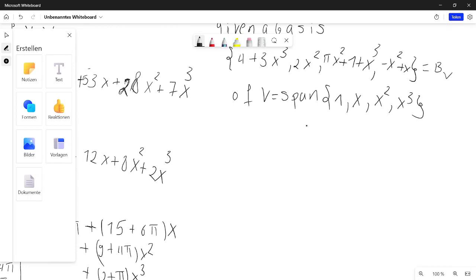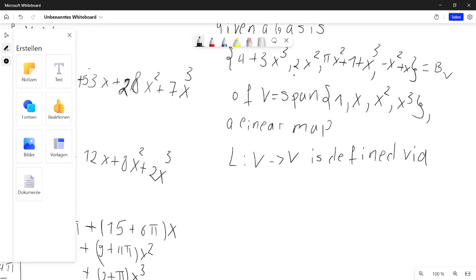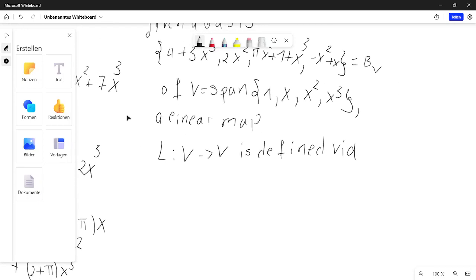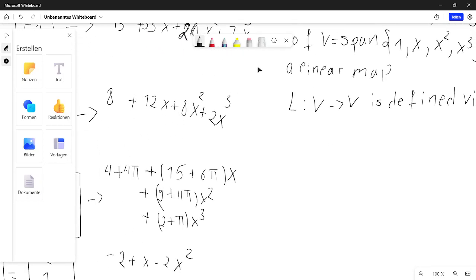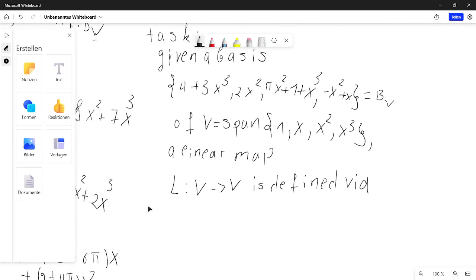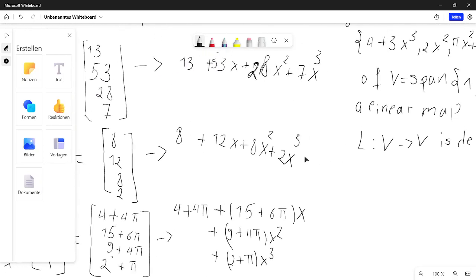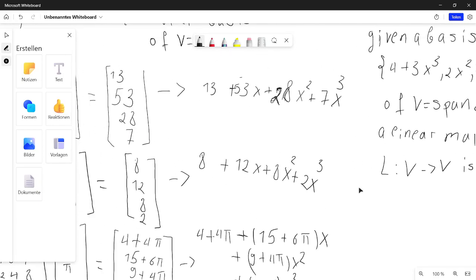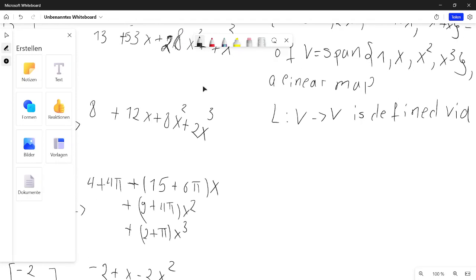A linear map L from that V to that V is defined by, well, how could that be defined?